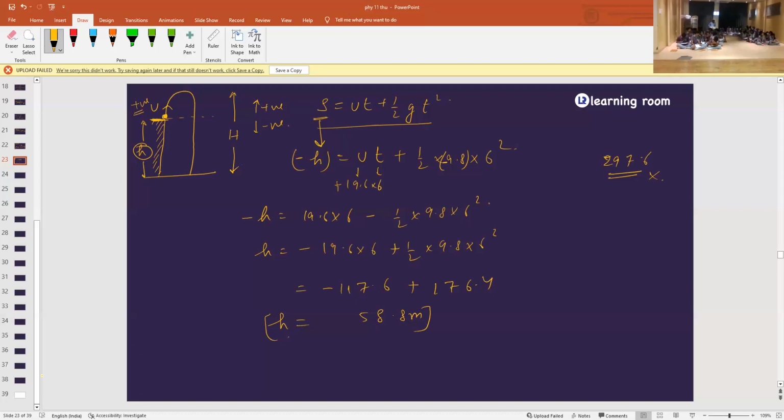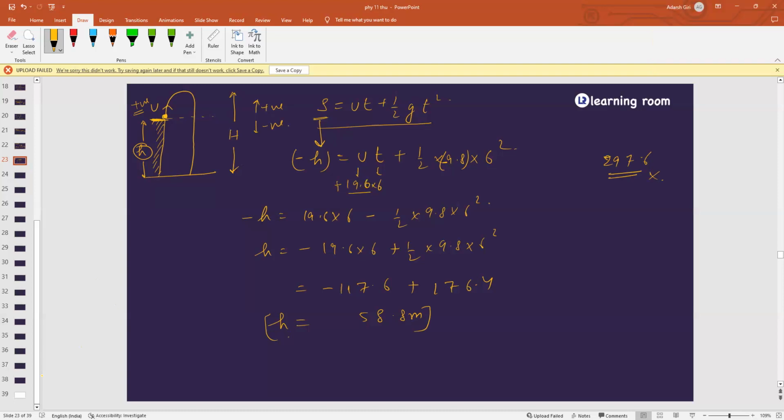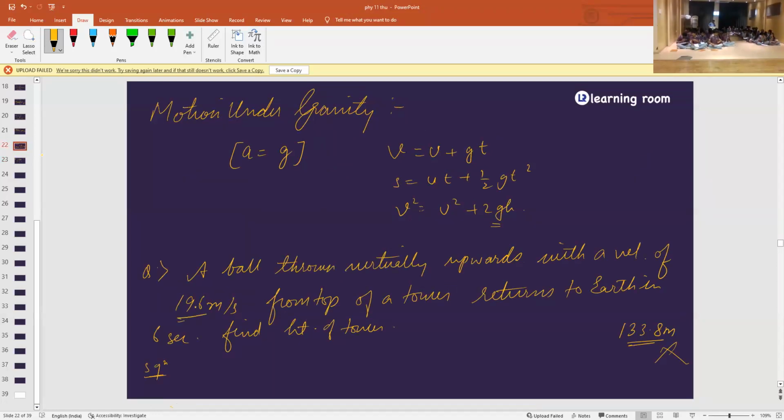Is it done? I have doubts, sir. The value of u, is it 19.6 or 19, sir? See there, the question. It is 19.6 meter per second in the question. Oh, okay, sir.